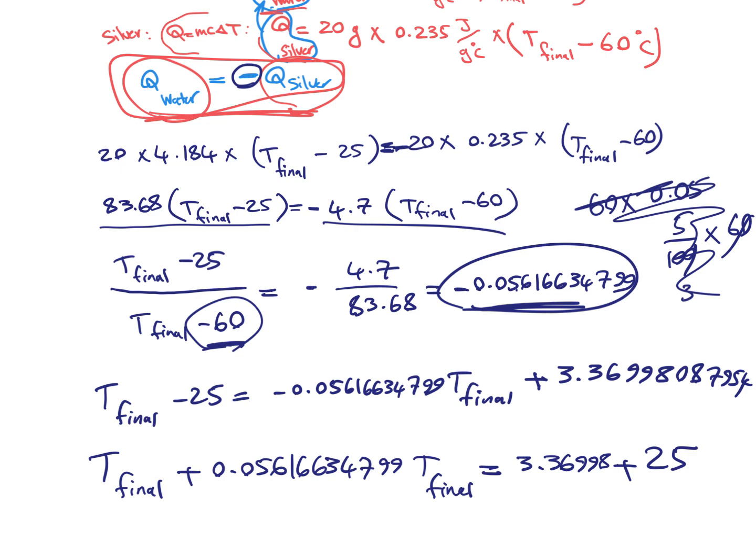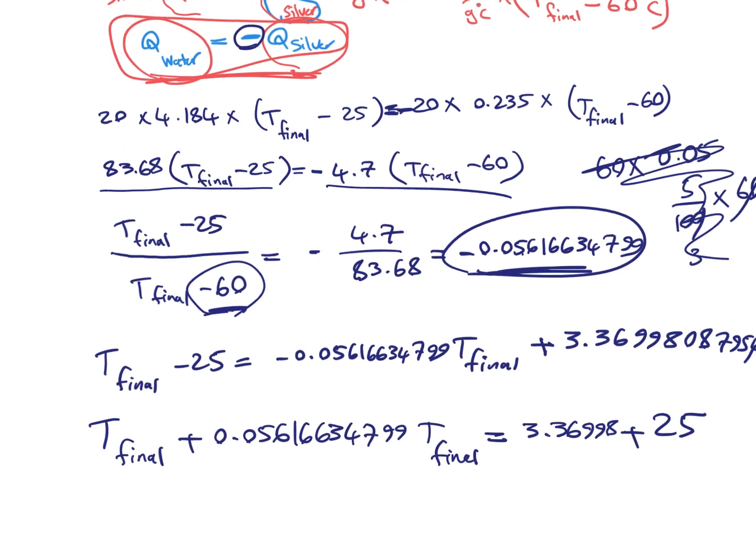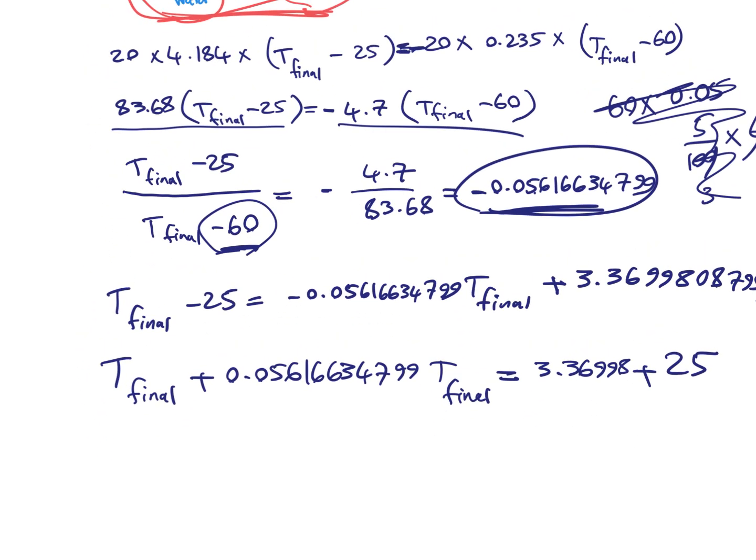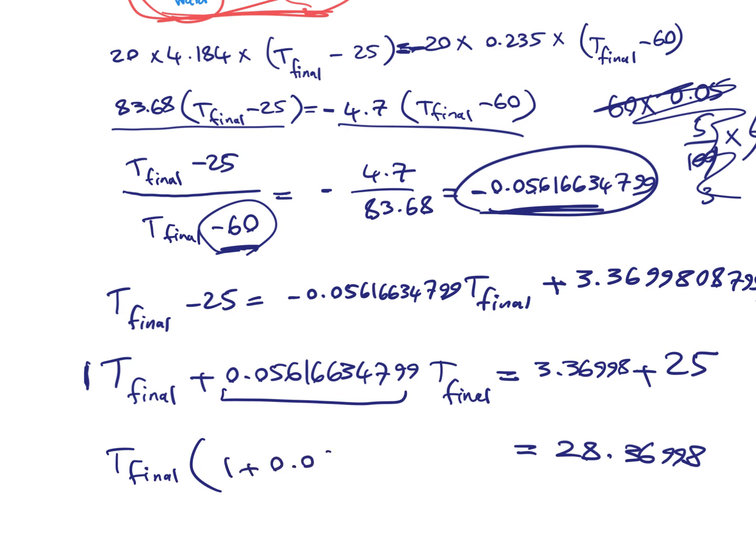And remember, the number should be roughly 28, right? So if you get something else, you did something wrong. Equals 28.36998, and 1 plus this, remember you factor T final, would be 1 plus 0.056, right?